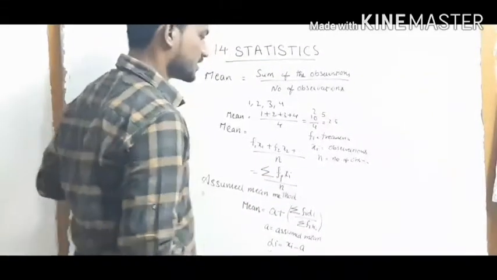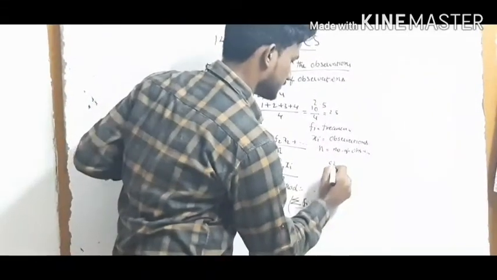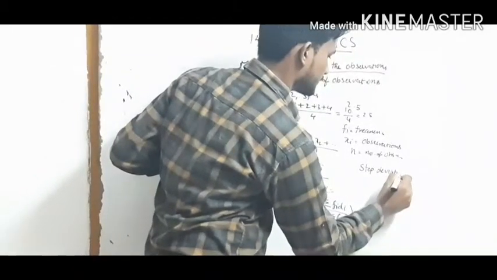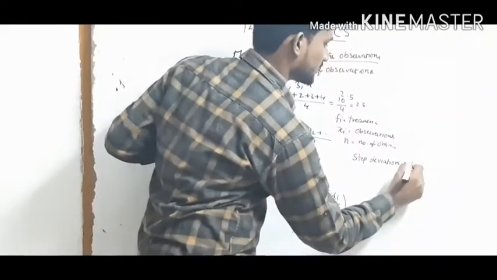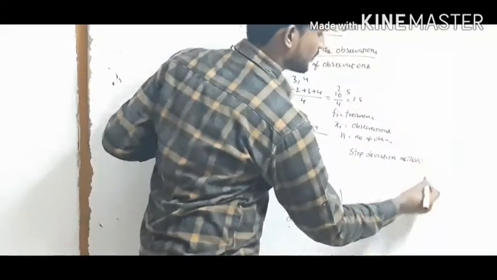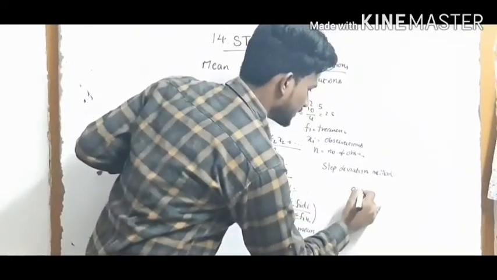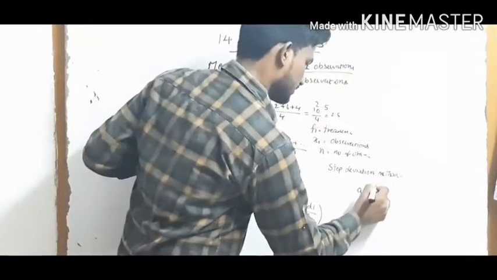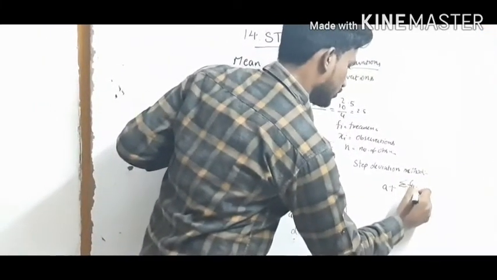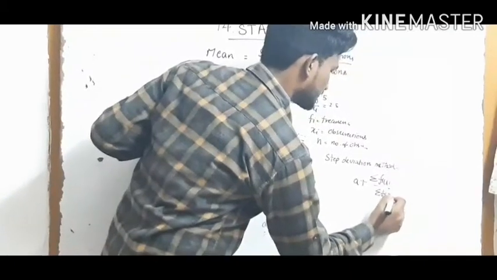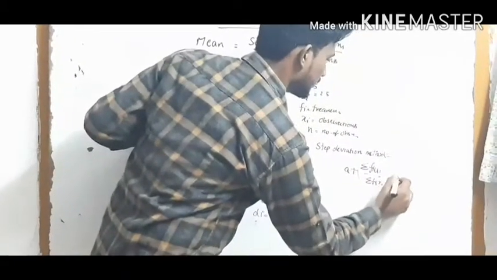The next method is the step deviation method for finding the mean. For the step deviation method, the formula is a plus sigma fi ui by sigma fi, into h.